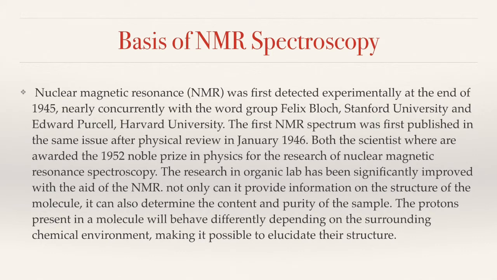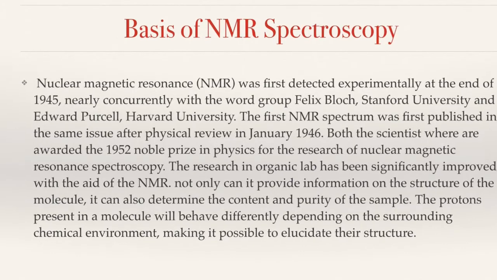The first NMR spectrum was published in the same issue of Physical Review in January 1946. Both scientists were awarded the 1952 Nobel Prize in Physics for their research on nuclear magnetic resonance spectroscopy.